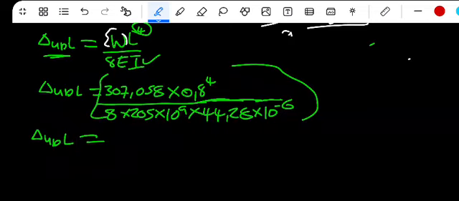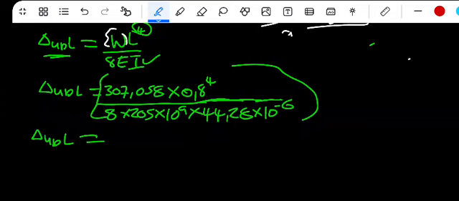Okay, I take my calculator here. I have 307,058 times 0.8 W raised to the power of 4. Then we have 8 times 205 times 10 to the power of minus 9, then multiply by 4.28 times 10 raised to the power of minus 6.